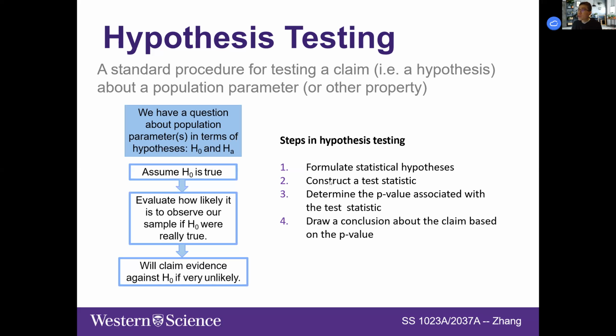Specifically, we're going to construct the so-called test statistic. And further on, we will introduce the idea of the p-value, which is associated with the test statistic, to help us make the decision. And finally, we will make the conclusion according to the p-value we have. So that's the standard procedure for hypothesis testing.